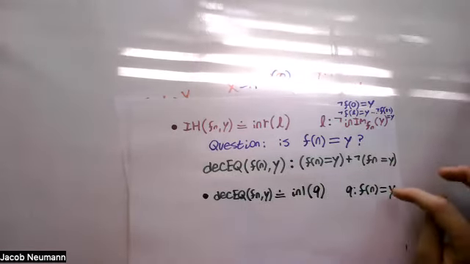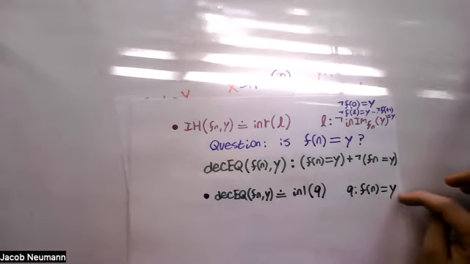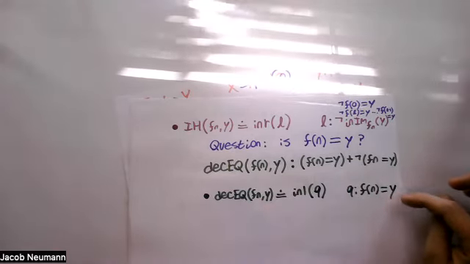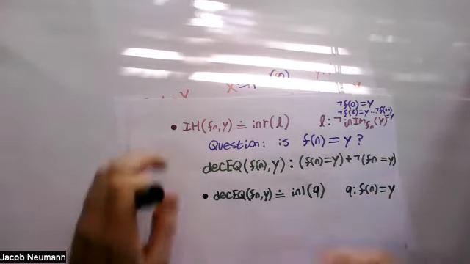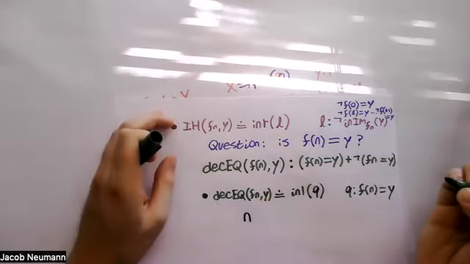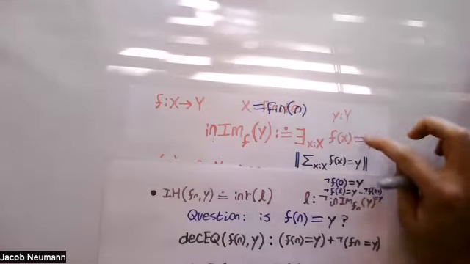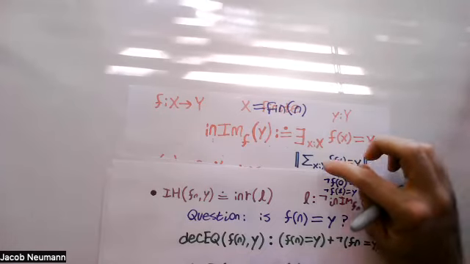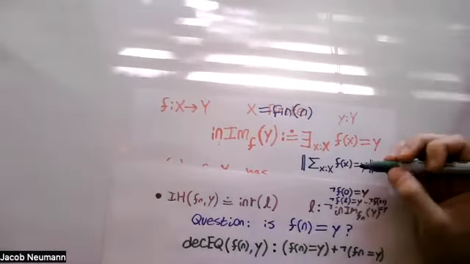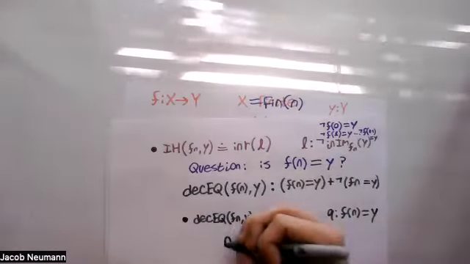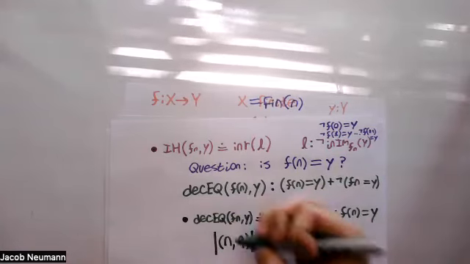Well, then this is again easy, because if f of n is equal to y, then I have an inhabitant of the fiber of y under f, namely n. So I can take n, which is a term of type Fin (n plus 1), and I can take my q here, n and q, and put them through the truncation process.